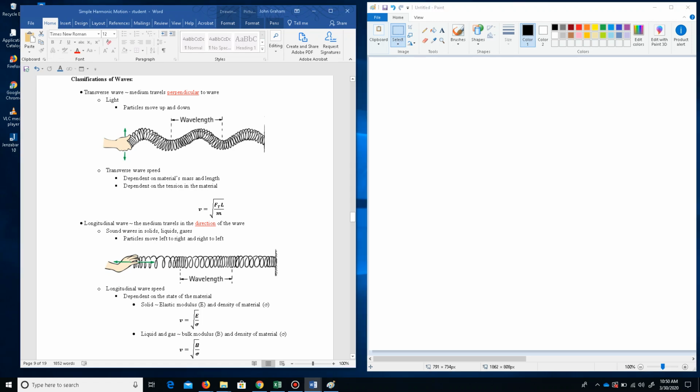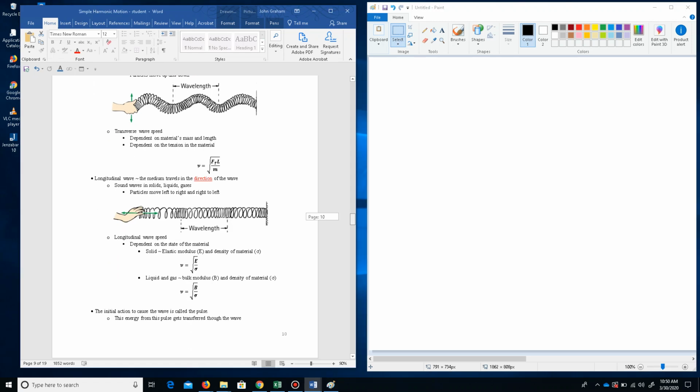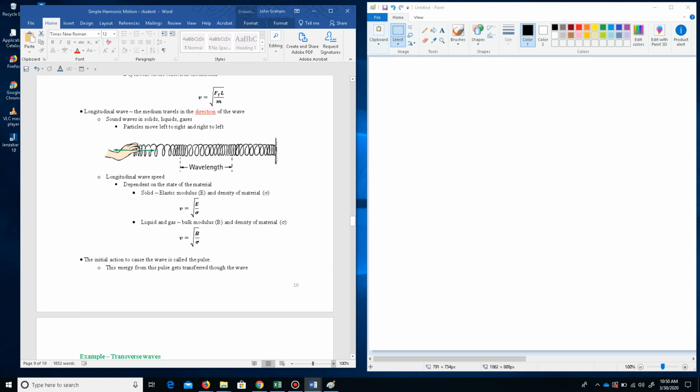The next type is the longitudinal wave. This is sound-type waves, and they move back and forth, kind of like a spring will move back and forth. You'll see there's parts where the spring's stretched out, parts where the spring's compressed.